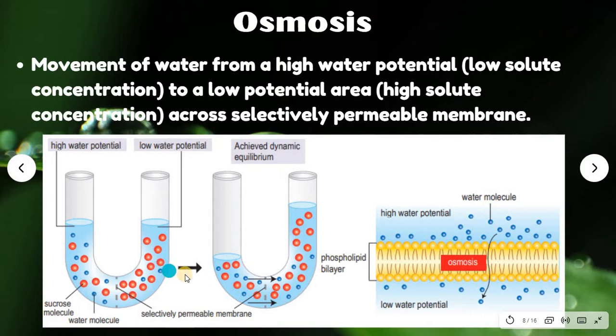So what happened? The water from the high water potential area here moves across the selectively permeable membrane to the low water potential area here until it achieves a dynamic equilibrium.